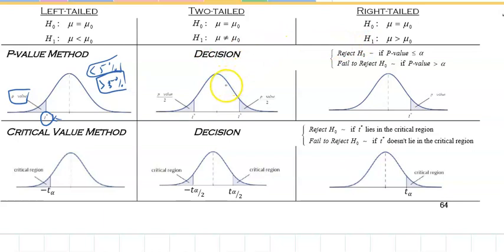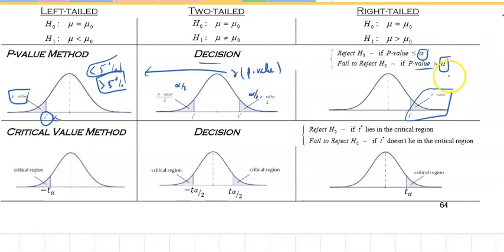If we're dealing with a two-sided test, we do alpha over 2, and we take twice the p-value, with the same conclusion as before. On the right side, we figure out the probability that the test statistic is greater than, and we reject the null hypothesis if it's less than 5%, unless they tell us to use 10% or 7%.